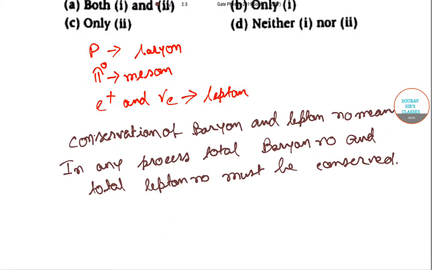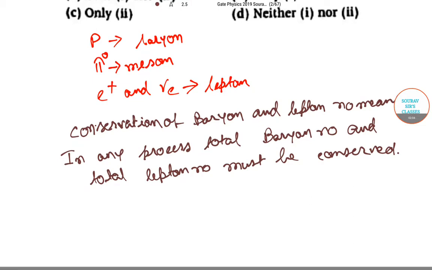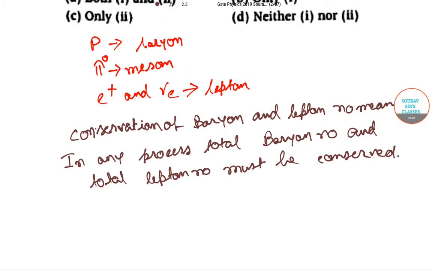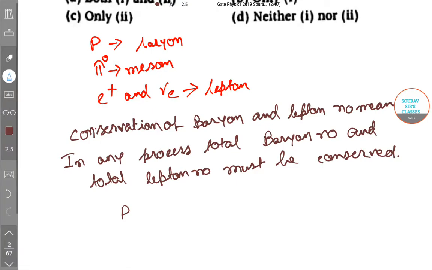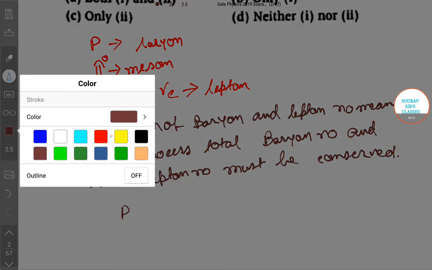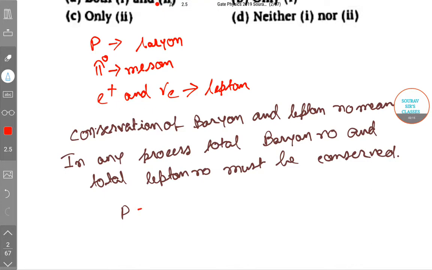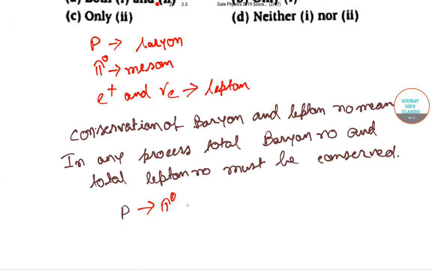So we can write for this first reaction, this is Baryon in the left hand side, and in the right hand side this is pi 0 meson, and the electron and electron neutrino are leptons.